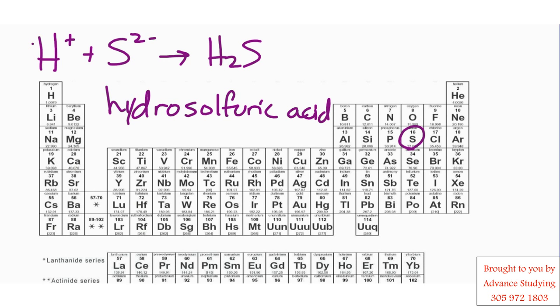Hydrosulfuric acid because it is made of two elements, one of them being sulfur. And let's correct some misspelling over here. It should be U. This is sulfur, so it is hydrosulfuric. And this is naming binary acids.